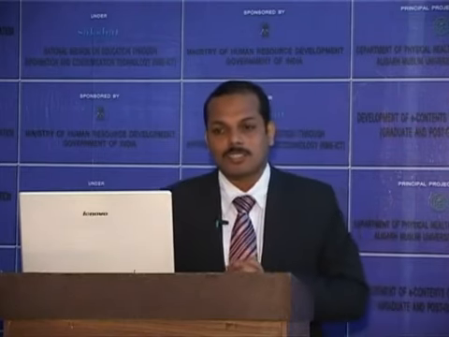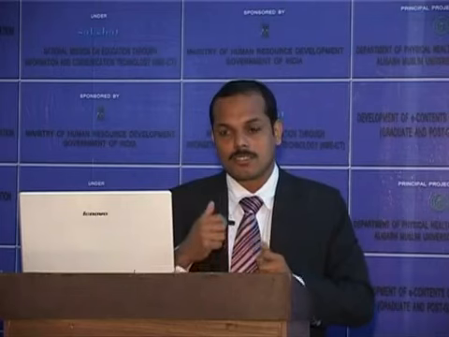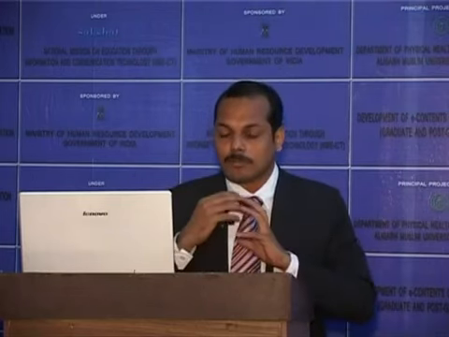We discussed that the knee joint has three types of movements. The first one is flexion extension, the second one is medial rotation and lateral rotation, and the third one can be done passively only, that is abduction and adduction, and only a very mild abduction and adduction is there.